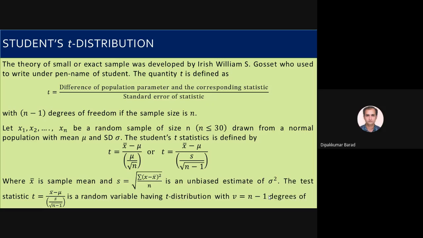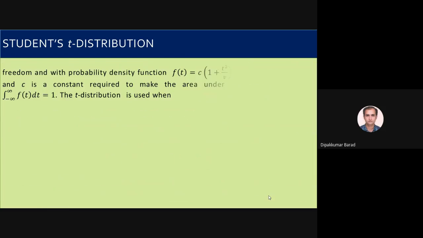Here x is the sample, x bar is the sample mean, and s, the square root of the sum of x minus x bar whole squared upon n, is the unbiased estimate of sigma square. The test statistic t is a random variable having a t distribution with n minus 1 degrees of freedom.